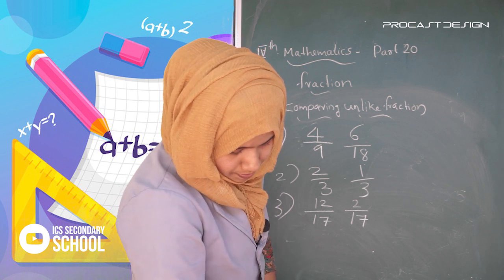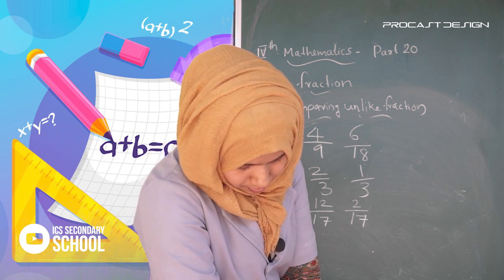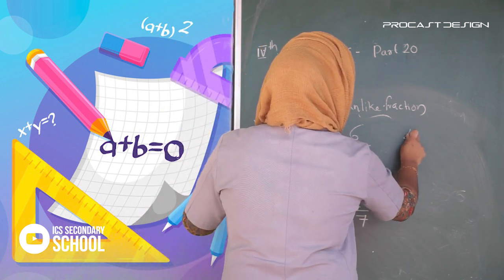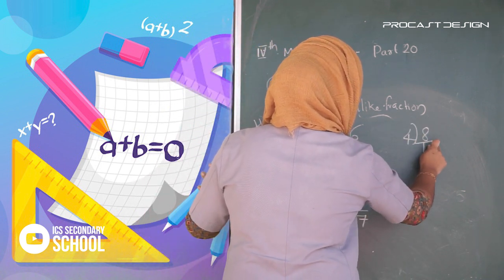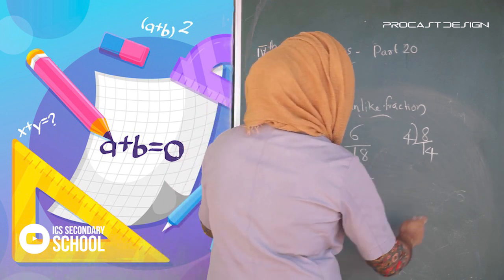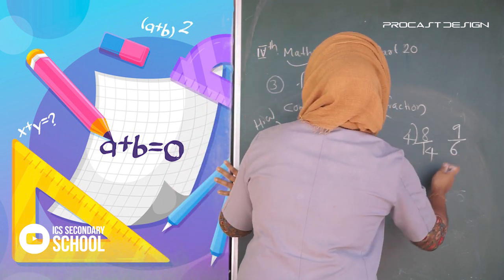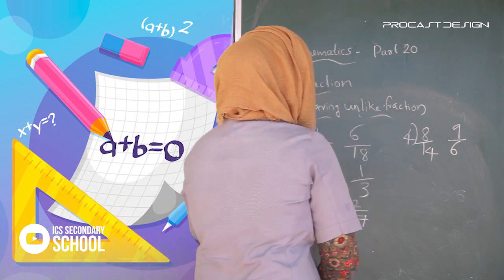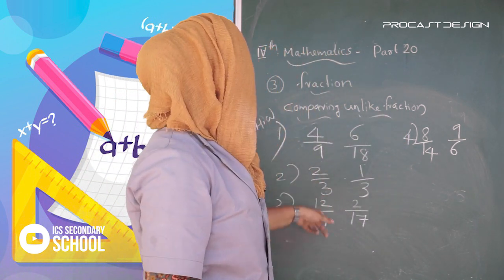And also 8 by 14 and 9 by 6. This is your homework, comparing unlike fractions and like fractions also.